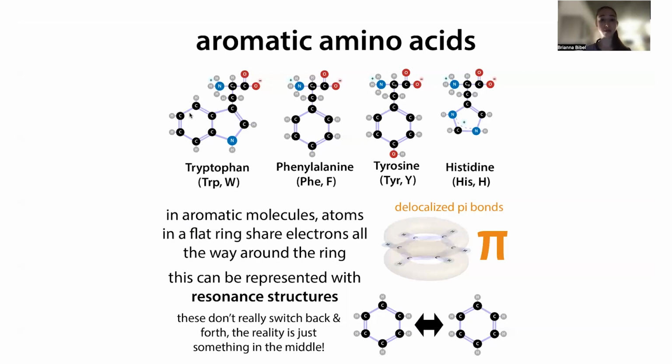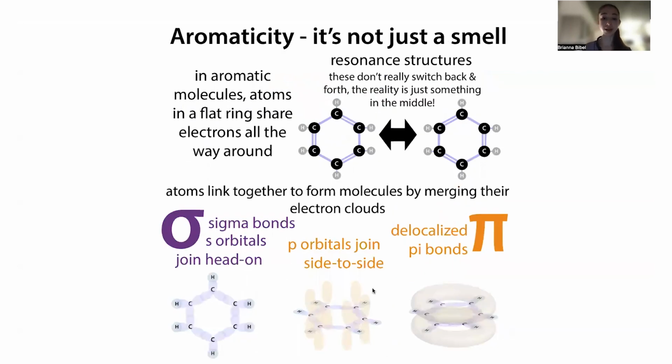In order for this to happen, the electrons need a certain configuration. You have electrons above and below the plane. And in order to line all their electron sharing clouds together, you basically have to have them planar.